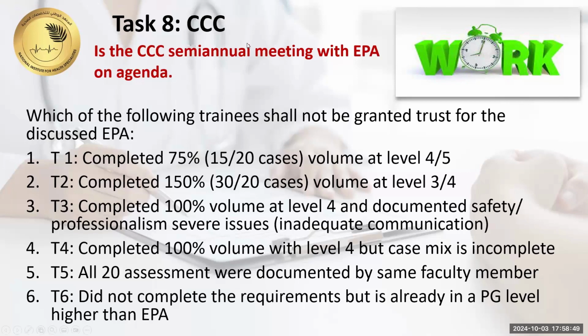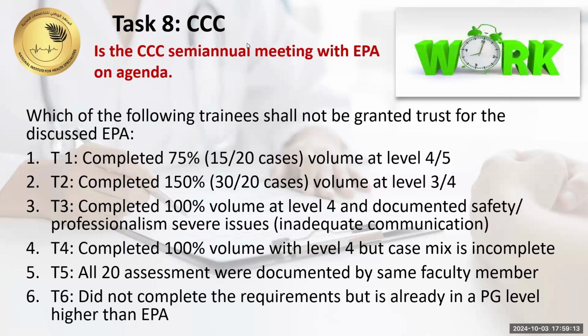There are a lot of faculty there, but that trainee somehow has all the documentation done by 1 person only. And then the 6th one did not complete the requirements, but is already in PGY 3, while the EPAs had to be completed at PGY 2 level.